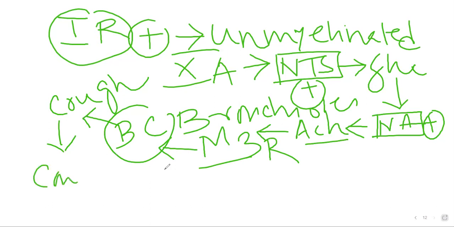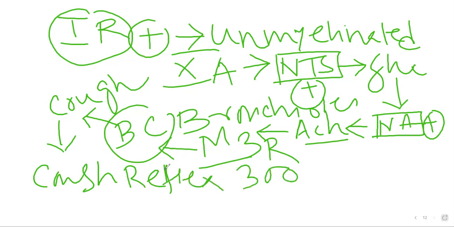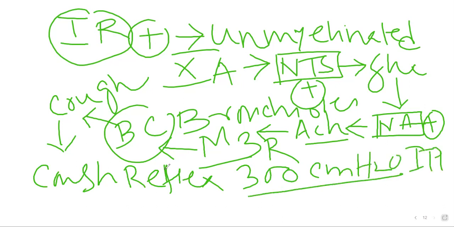When this cough reflex occurs, the intrathoracic pressure can increase up to 300 centimeters of H2O, and the air coming out during the cough has a velocity of almost 900 kilometers per hour. So this is all about our irritant receptor.